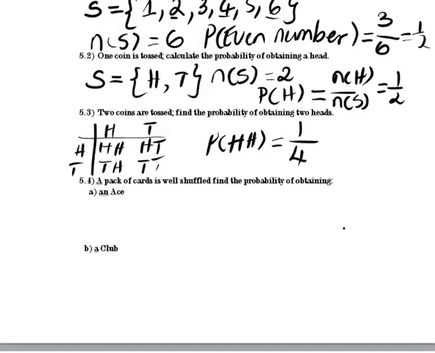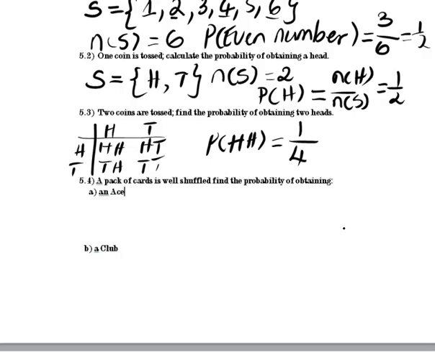The fourth example, a pack of cards is well shuffled. Find the probability of obtaining an ace. In a pack of cards, there are 4 suits that we need to know. That is 13 clubs, 13 spades, 13 diamonds, and 13 hearts.